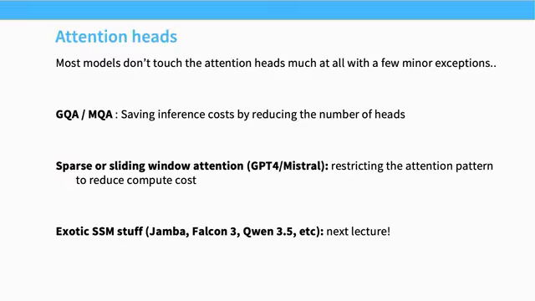The things I do want to talk about, which are really commonly implemented attention interventions today, are group query attention, which saves inference costs by reducing the number of heads, and sparse or sliding window attention, which originally came from the GPT-3-ish family, but has now been adopted widely by most models that are looking to do long context, unless they're doing exotic SSM stuff.